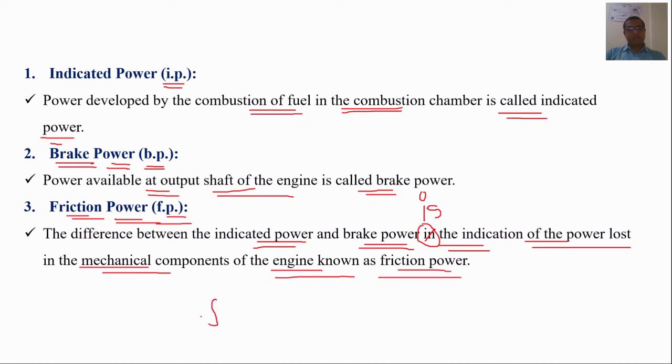So friction power FP is equal to indicated power IP minus brake power BP.